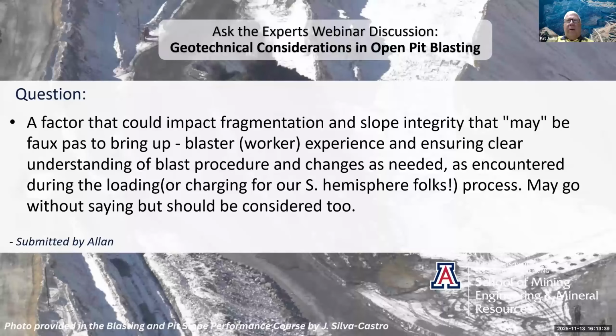Well, other than to encourage professional development and ongoing education, I think that's a key aspect of this. Mm-hmm. Improving that blaster workers' experience and educational development. Yeah, I would say spend time with the blasting crews.